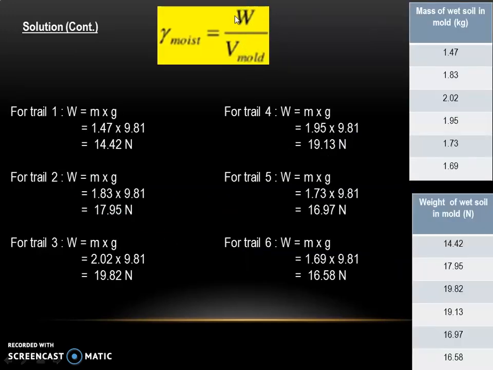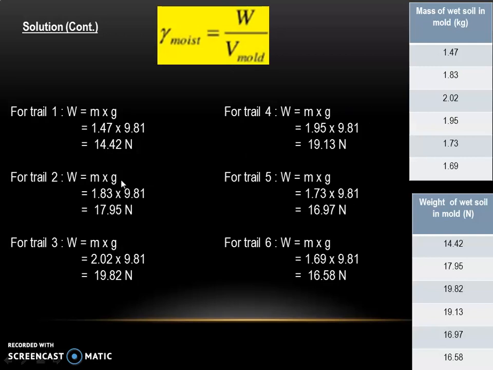To find the weight of the sample, the values of mass of wet soil are given in terms of kg. So, W will be equal to m into g, that is mass into acceleration due to gravity. Mass for the first trial is 1.47, so 1.47 into 9.81 will give us the value of W as 14.42.